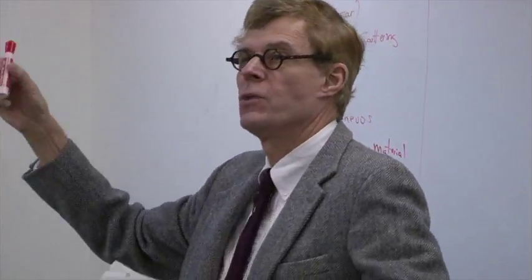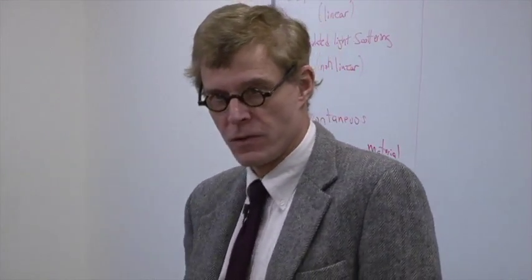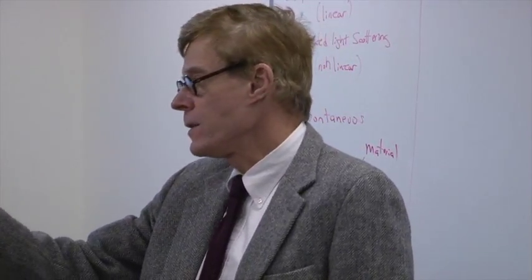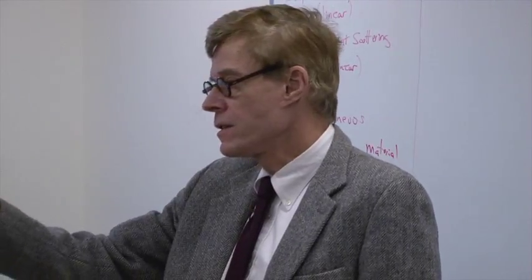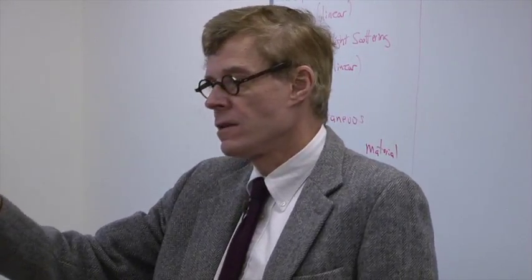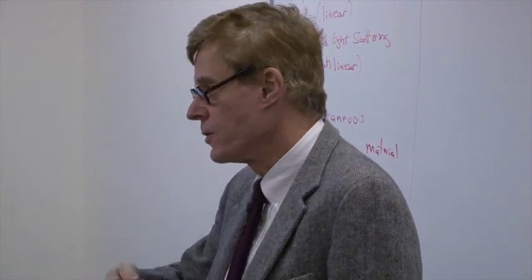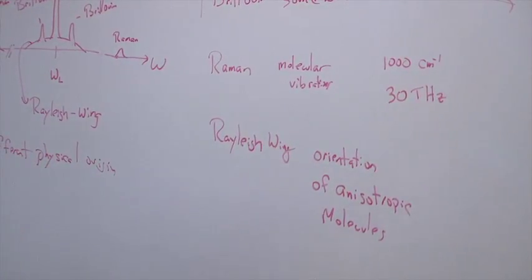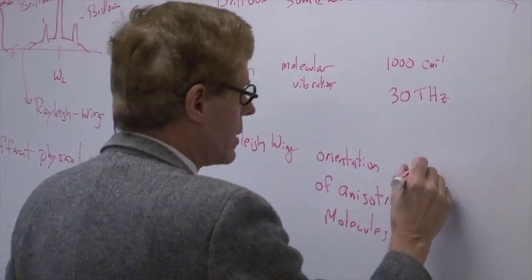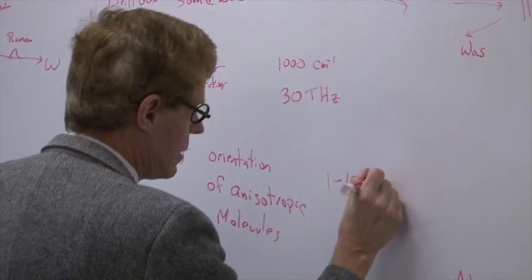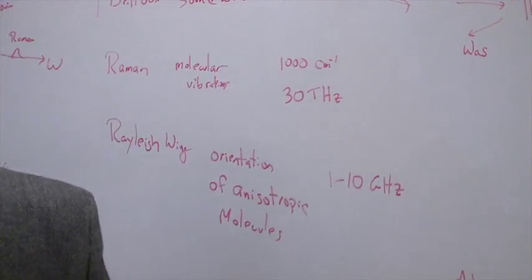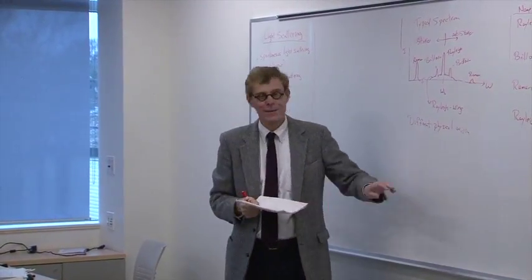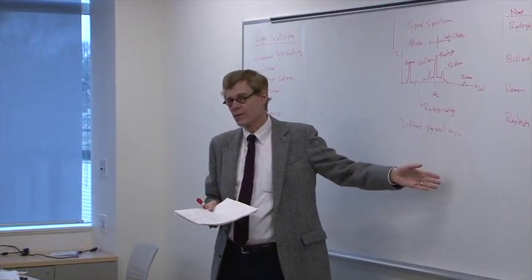They'll be randomly oriented, but it's more than that. They bump into each other, so they jitter one another, and the orientation is not fixed. So when light scatters off of this jittering motion of a molecule, this is what gives rise to Rayleigh wing scattering. It's just a little bit bigger than Brillouin, but let's say this is also 1 to 10 gigahertz.